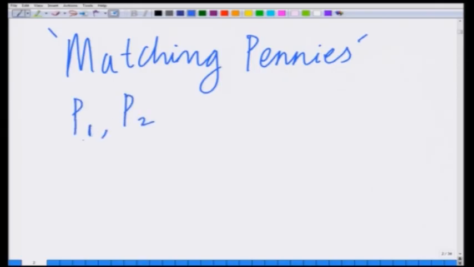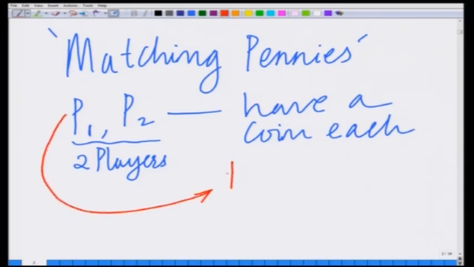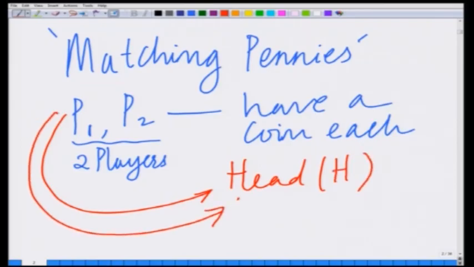They are free to choose any face of the coin, either a head, which we are going to denote by H, or a tail. That is, each player, P1 and P2, can show either a head or a tail.